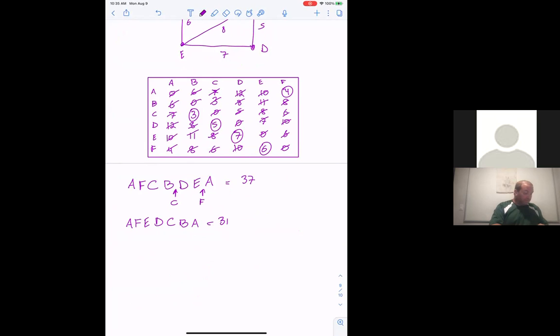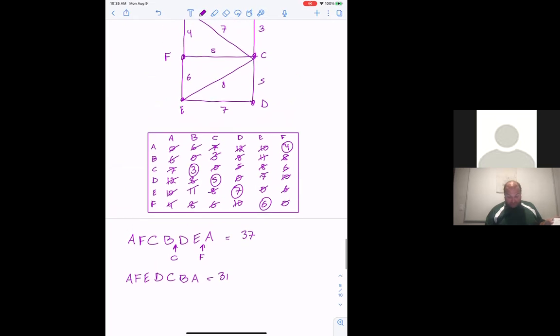So then it says, if more than one route is possible, give the upper bound for both routes. In other words, we know it's going to be less than 37. That's an upper bound. And we know it's going to be less than 31. That's an upper bound. But unless I made a mistake, 31 is a lot better.